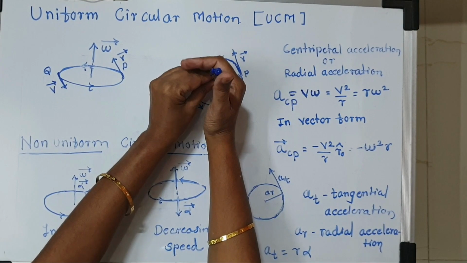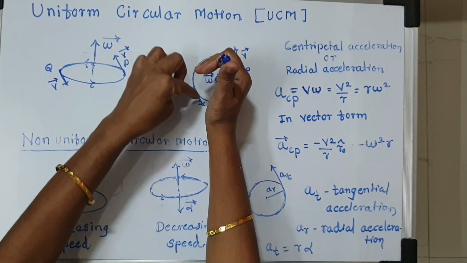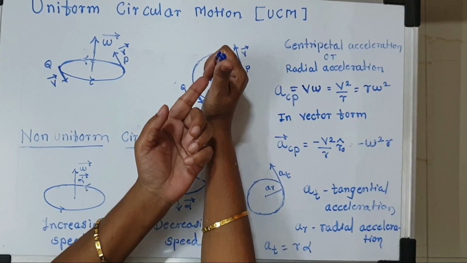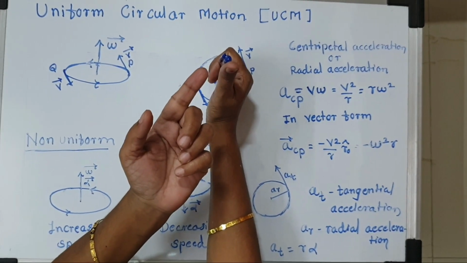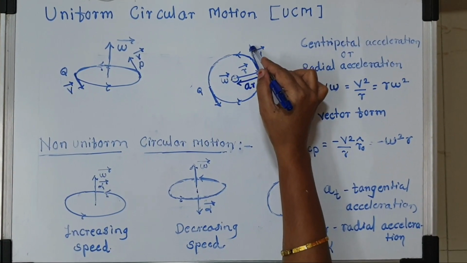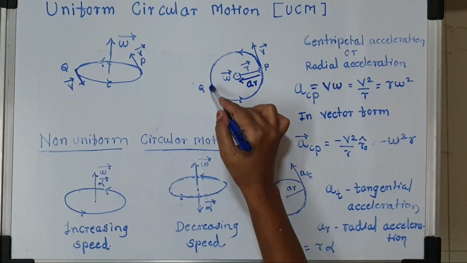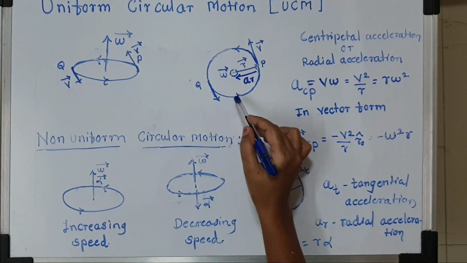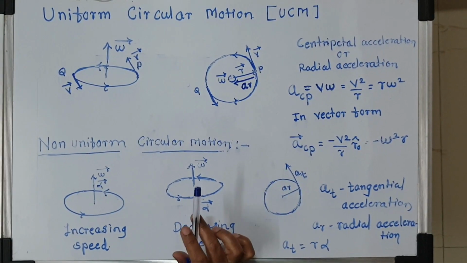Fingers are curled in the direction of the motion of the particle and the thumb is outstretched. So, it is outwards, okay, and this is the direction of the linear velocity at point P. This is the direction of the linear velocity at point Q. It means the direction of linear velocity is changing.